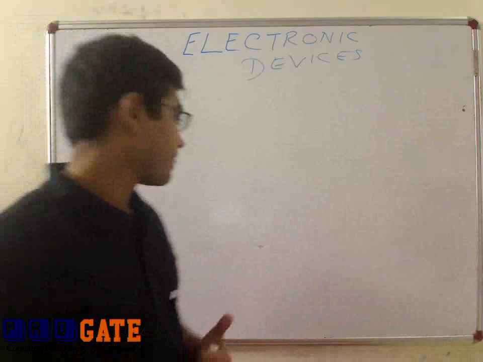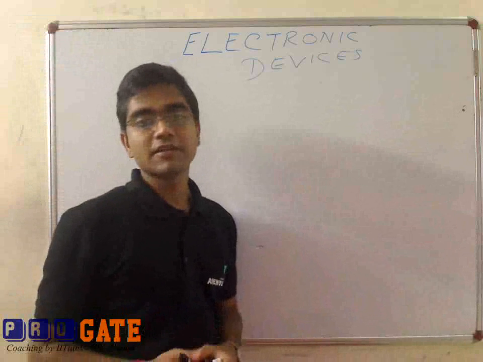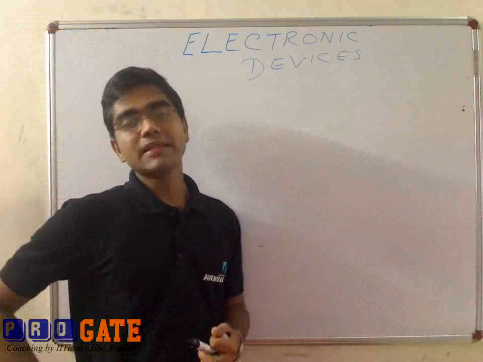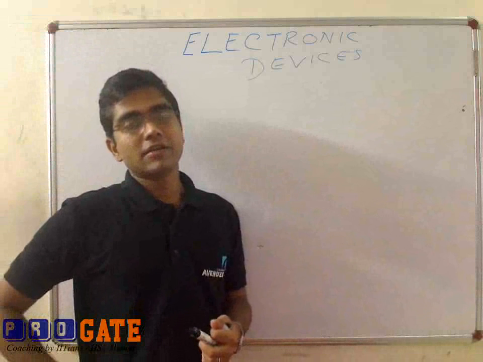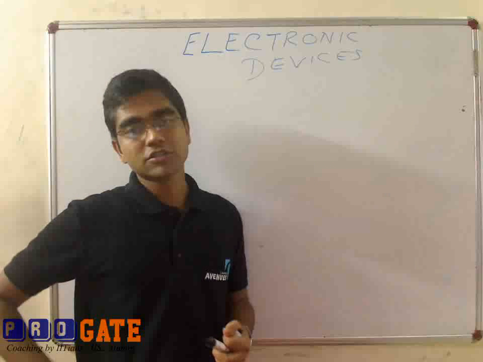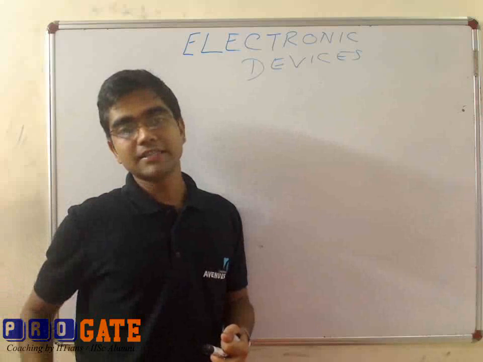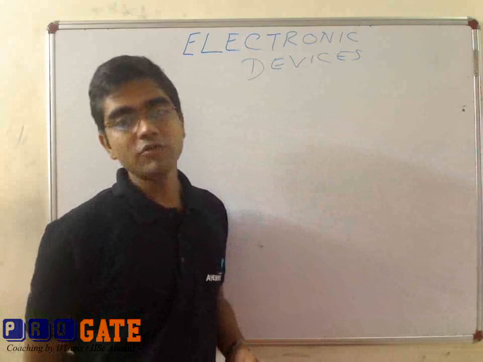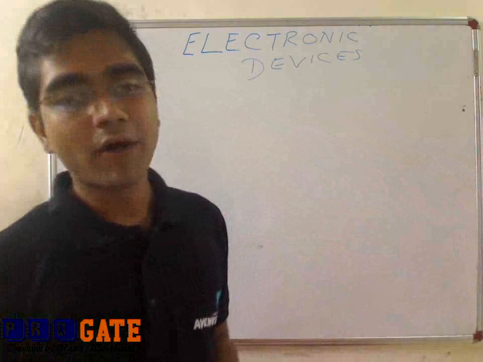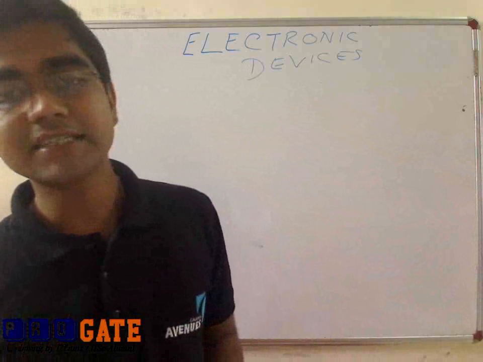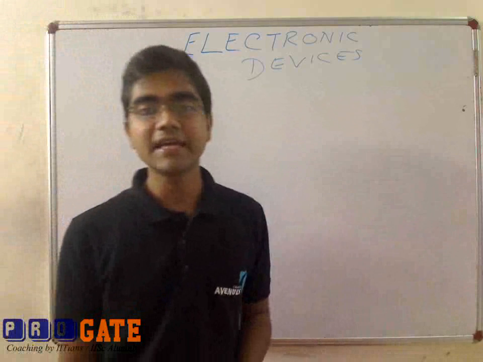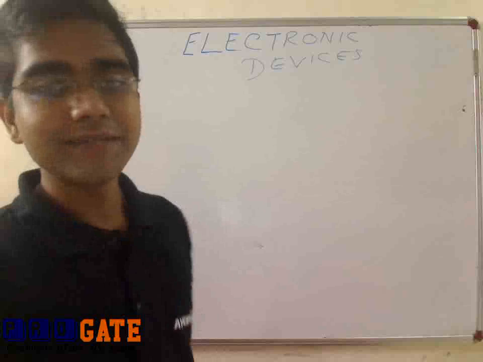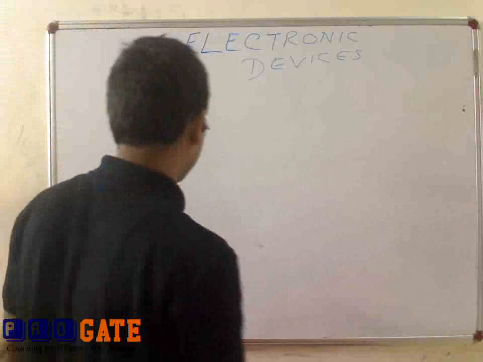Since it has 4 electrons, it doesn't necessarily mean it has to combine with only one silicon and share all its 4 electrons with that atom. One silicon atom can share its electrons with 4 different silicon atoms, and this process continues. So the arrangement is something like this.